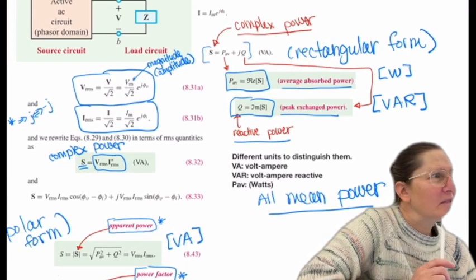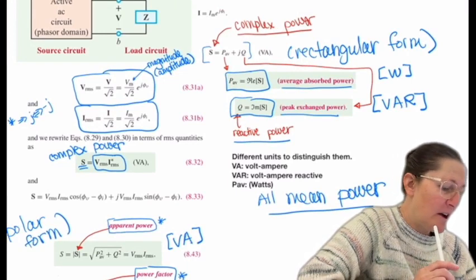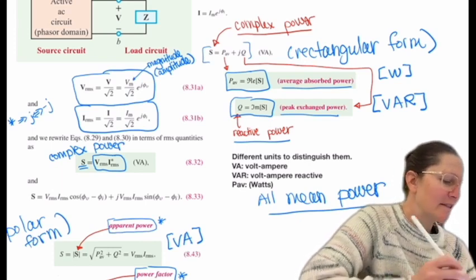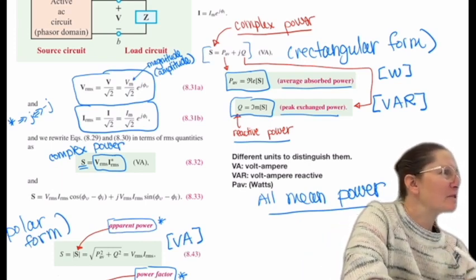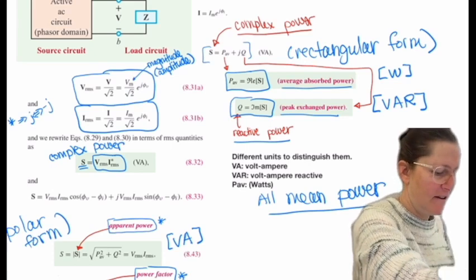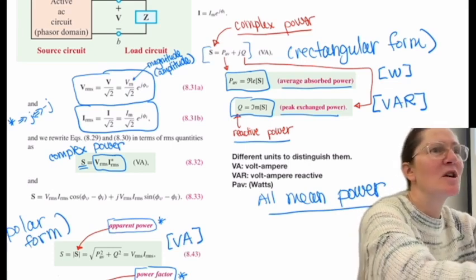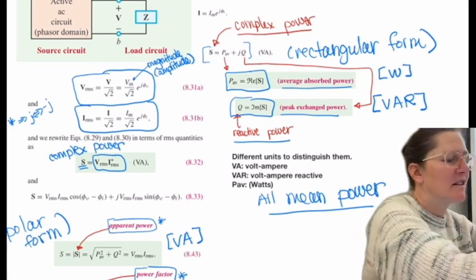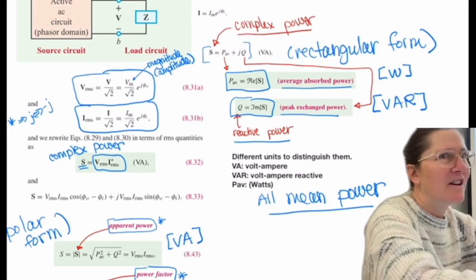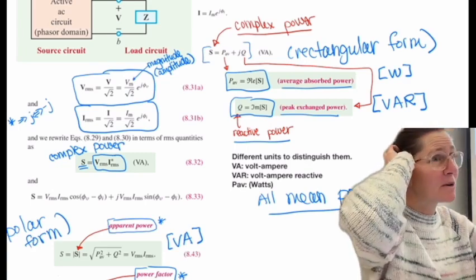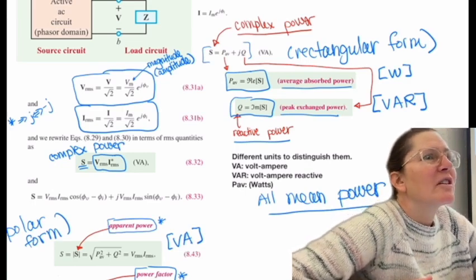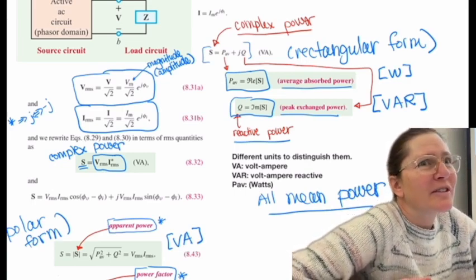What was the P and Q again? P average is in watts. That's the average power. So that one stays in watts. What the heck is the reactive? So reactive is your complex power portion. But why is it called reactive? Because it's imaginary.